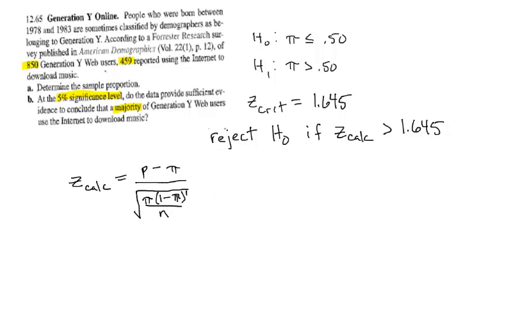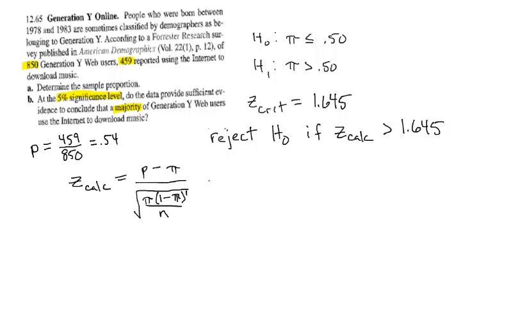And in Part A, they asked us to determine the sample proportion. That is p, and we would find that by doing the amount of people that reported using the internet divided by our n. So p is equal to 459 divided by 850, and that is equal to 0.54.